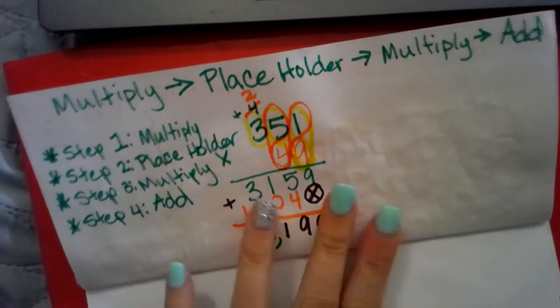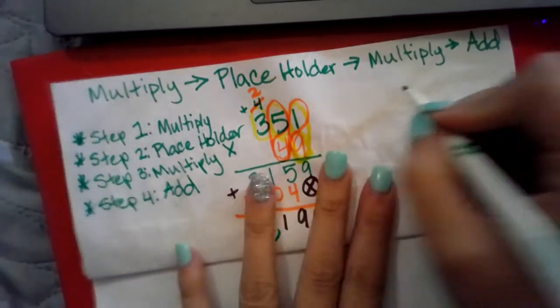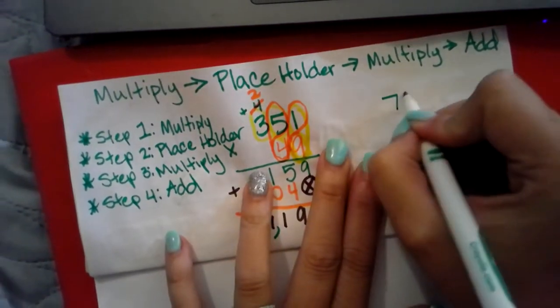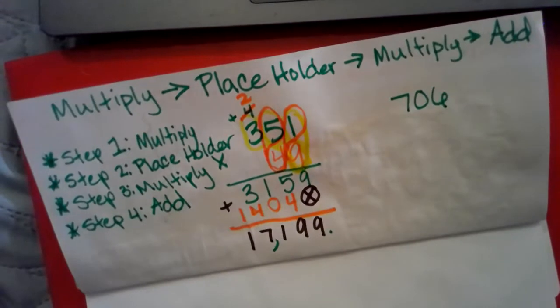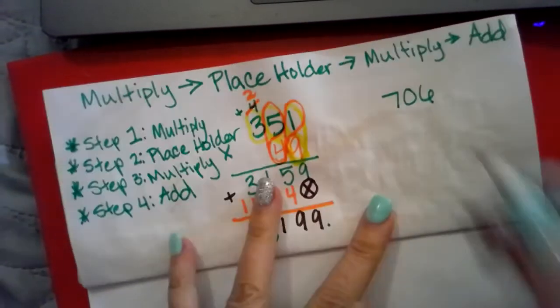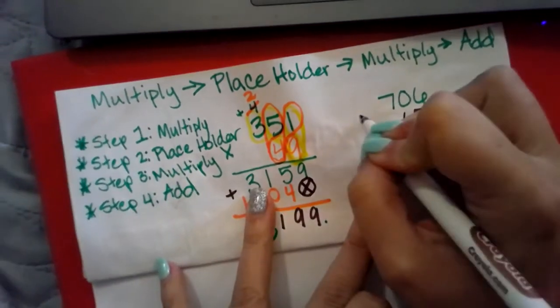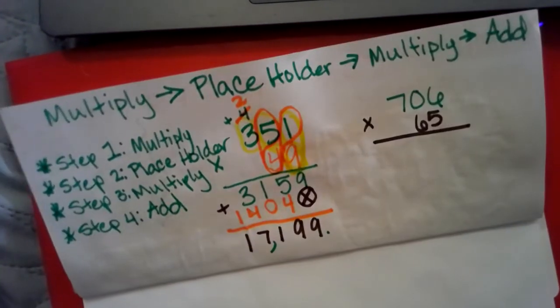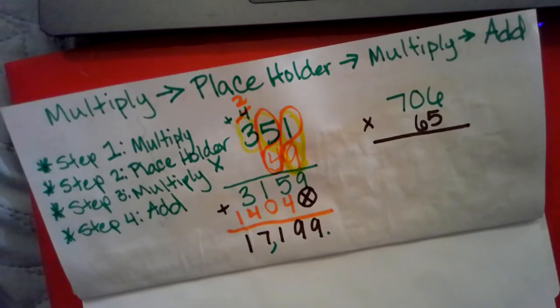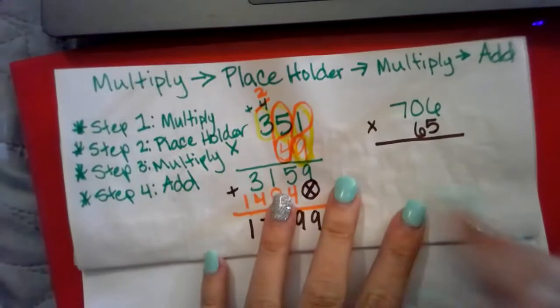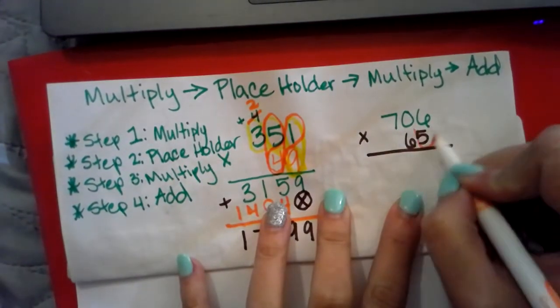Okay, let's try another one right over here. Let's do 706. And let's multiply that by 65, following each of those steps. Okay. All right, so my next step is, again, I'm multiplying everything by that 5.